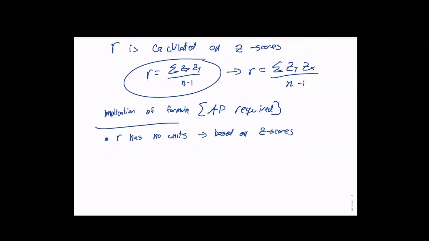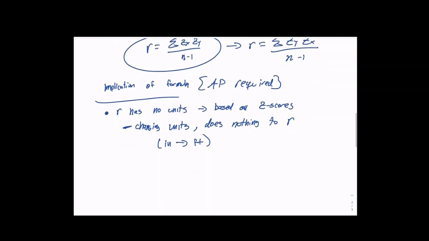So first things first, because z has no units, changing units does nothing to R. If I measured you in inches and I go, well, let me measure in feet, R is still the same.